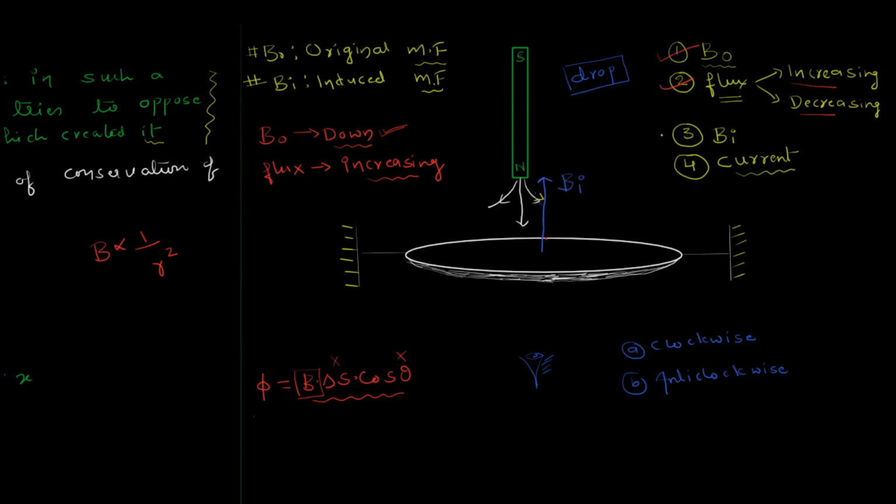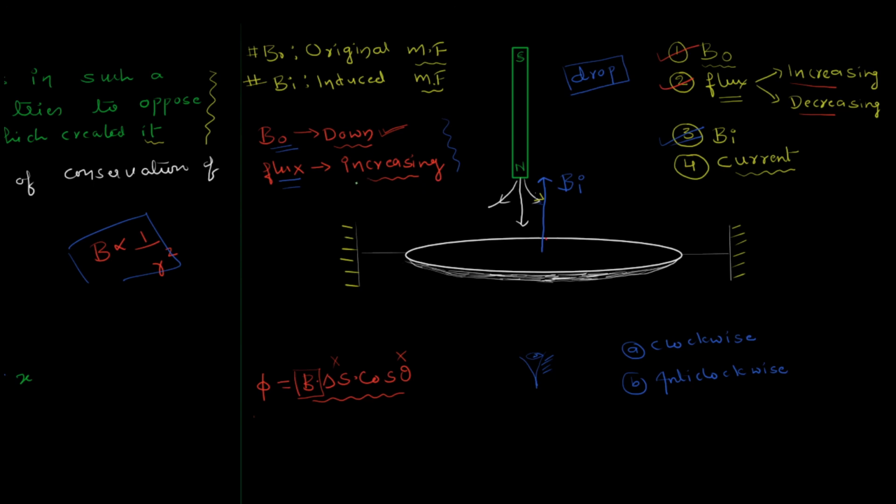Now the third step, very important, let's focus on this once again. I'm going to repeat these steps. Original magnetic field downwards, very clear. Flux is increasing because of this reason. According to Lenz's law, if flux is increasing, the induced current will try to reduce it, and if the flux is decreasing, the induced current will try to increase it.